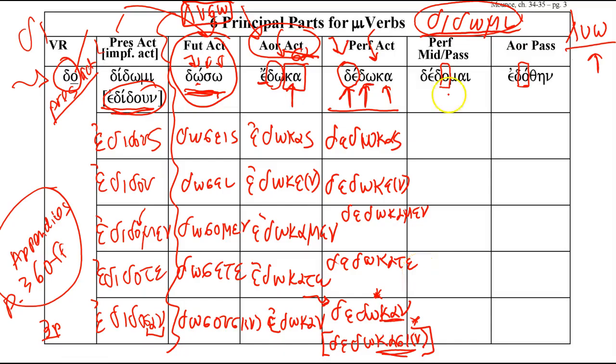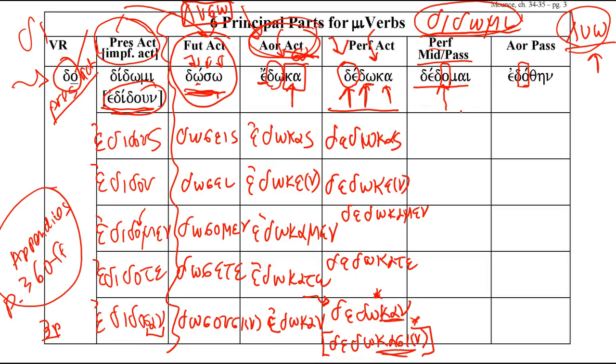The middle form, notice that what does the principal part tell you? So I'm hoping that everyone sees that the principal part tells you what the stem is going to look like, and after that, all you have to do is apply the rules for luo, and you get the form. So really, the new material for the mi verbs resides mostly with the present and imperfect active stems, and with the fact that the aorist prefers to use the ka tense formative rather than sa, but everything else looks very much like luo.